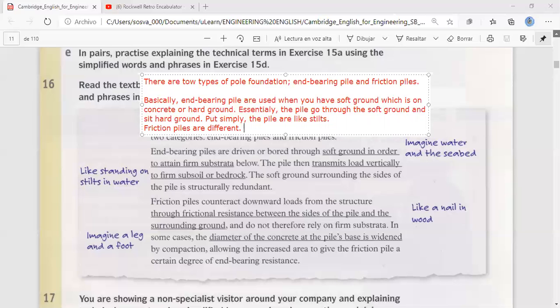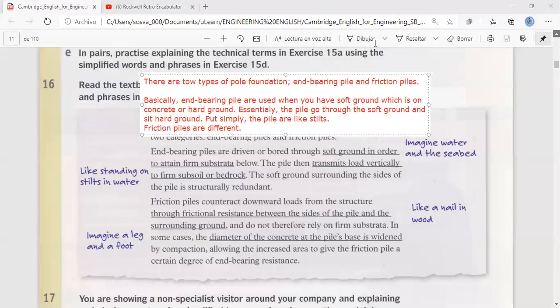Yes, friction piles counteract downward loads. Oh, frictional resistance.